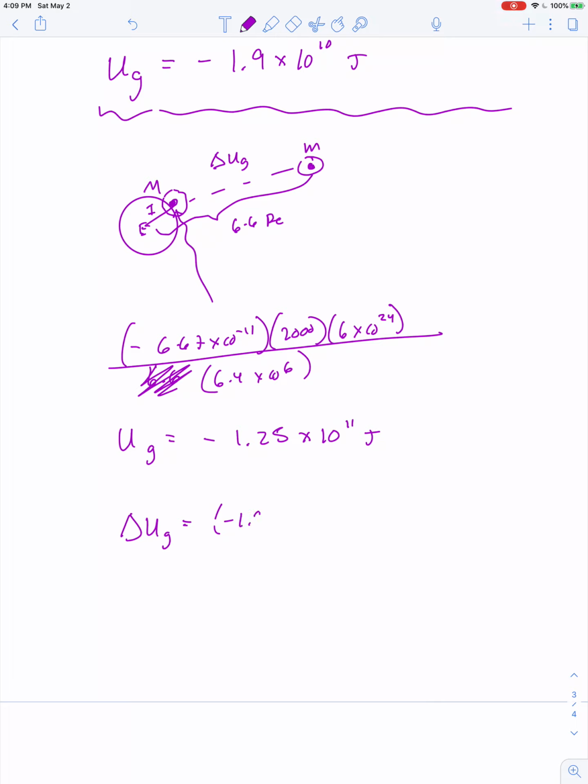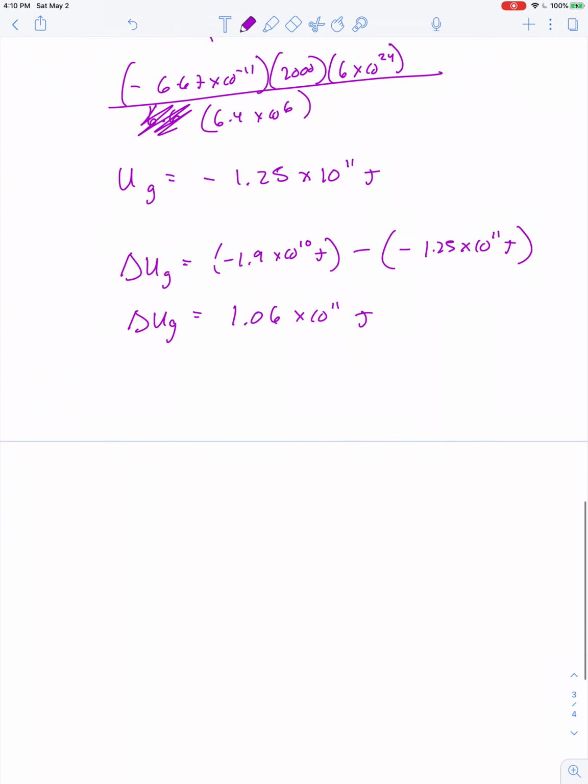So negative 1.9 times 10 to the 10th joules minus negative 1.25 times 10 to the 11th joules. That's a change in gravitational potential energy of 1.06 times 10 to the 11th joules.